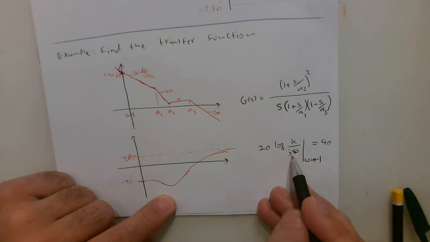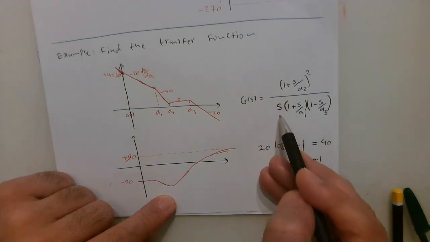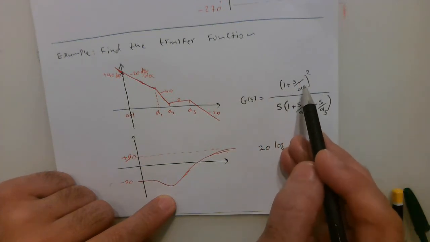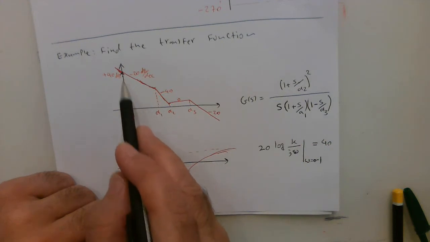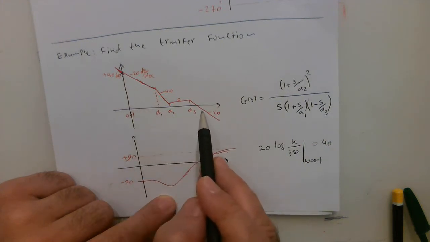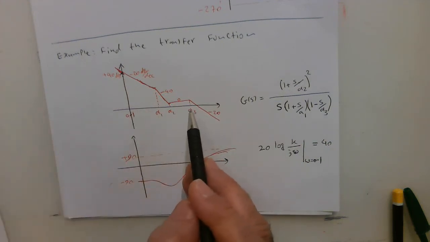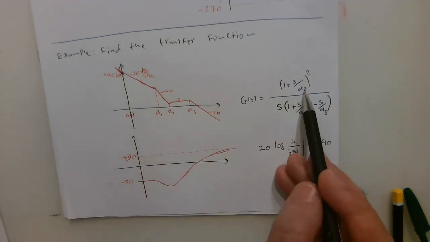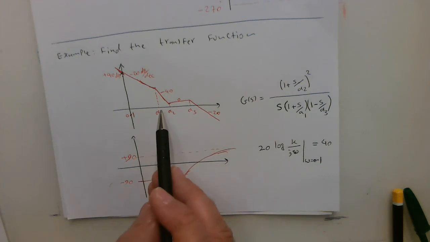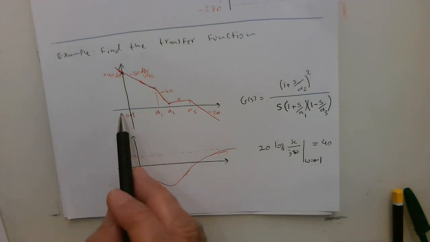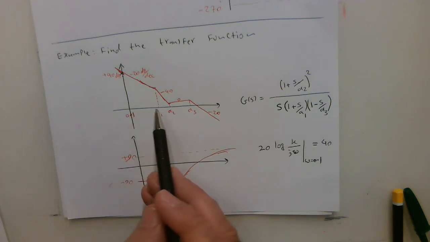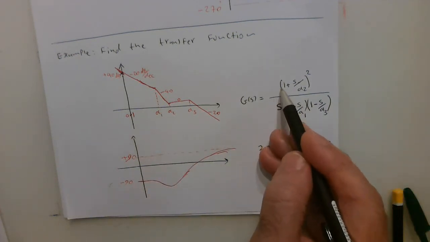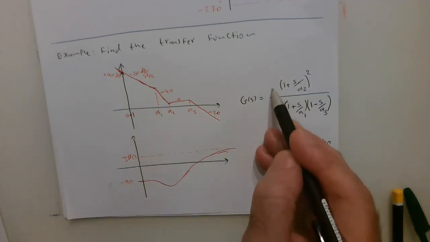I have written k over j omega, which is basically k over s, because for the other terms the magnitude is 0, since 0.1 is less than their corner frequencies. When we are talking about frequencies less than the frequency of the pole or zero, the magnitude is 0. The only terms that have magnitude are the gain and the integrator.